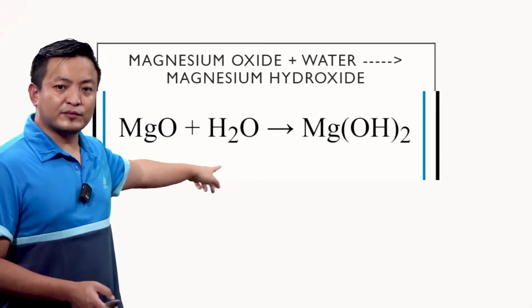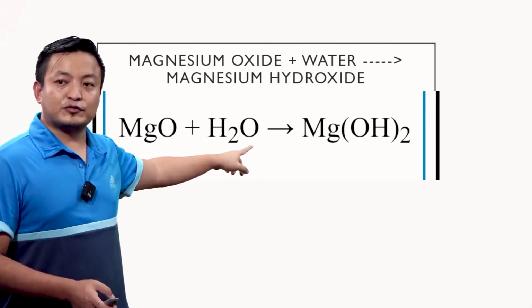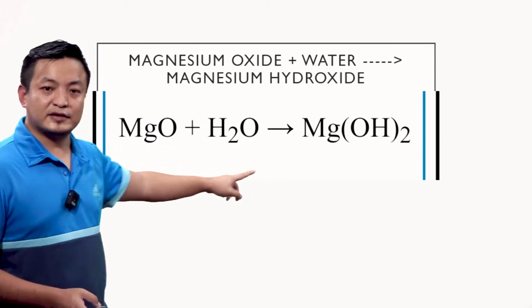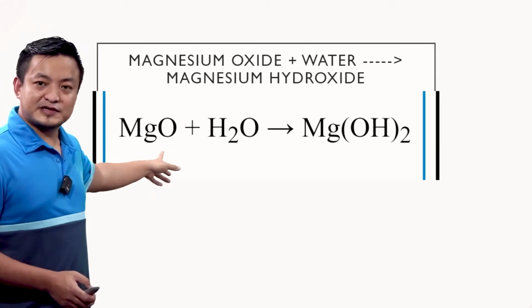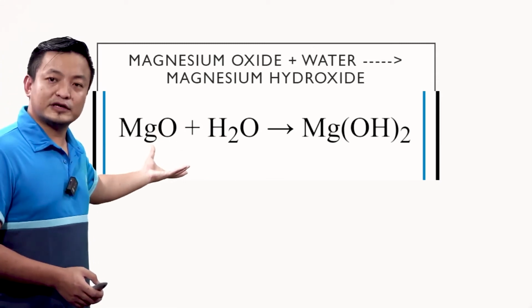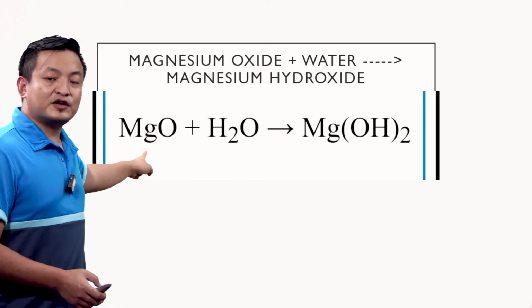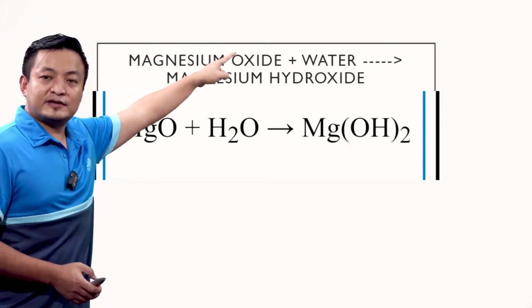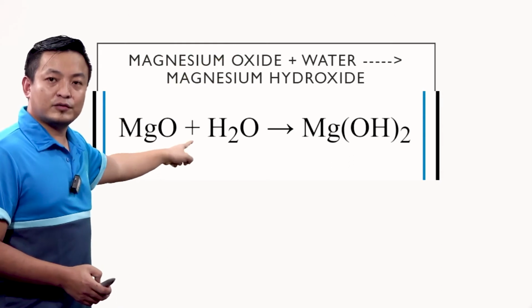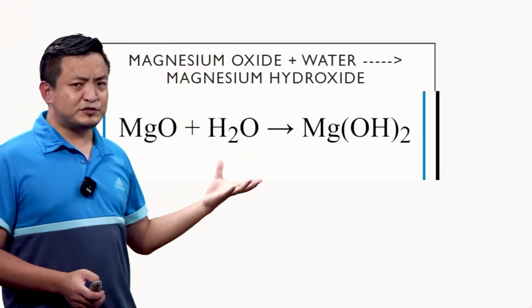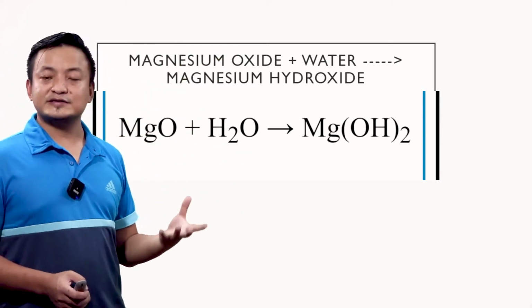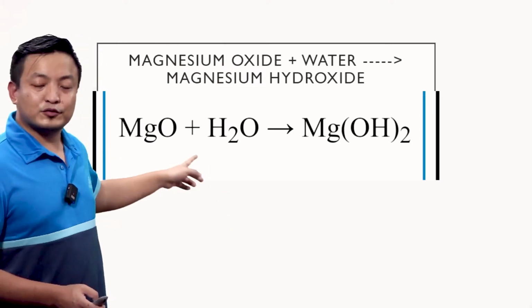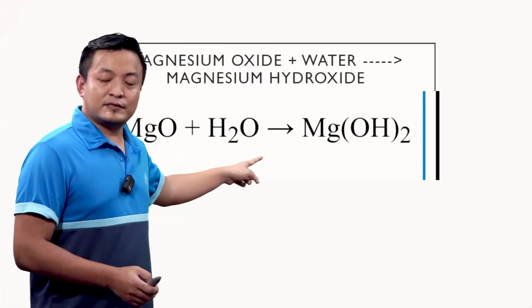This is from the activity that we have performed just now, okay? So this is magnesium oxide, the white powder which we used, we write as MgO. Magnesium oxide, we write MgO. And what did we mix in that powder? We mix water, right? So we have H2O.